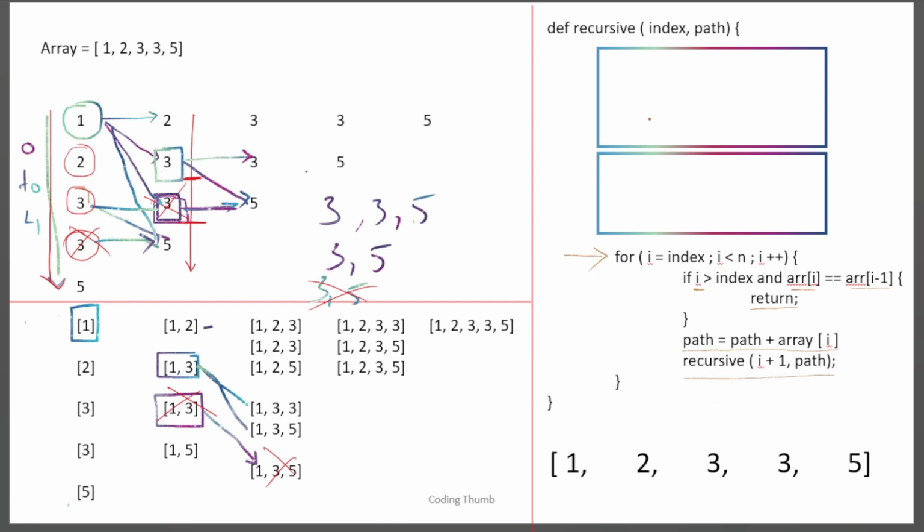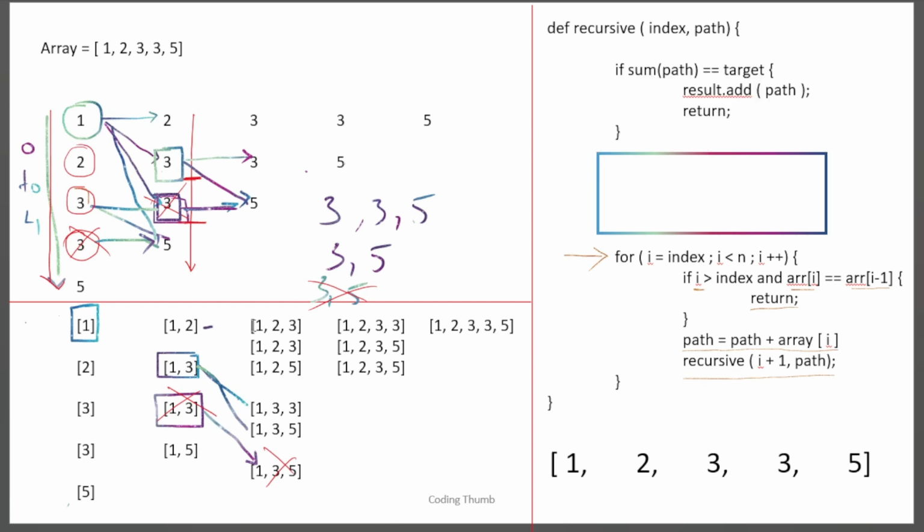Now in this, there are certain other conditions that we can check and we can exit our exploration. The first is whenever our sum becomes equal to the target, we can add that to the result array and we can exit from there. So let's say our target given is 6.